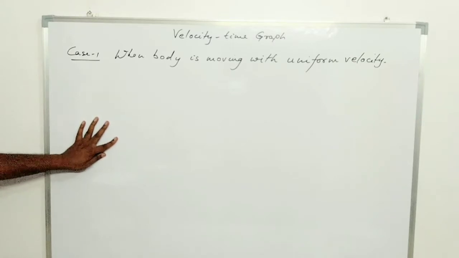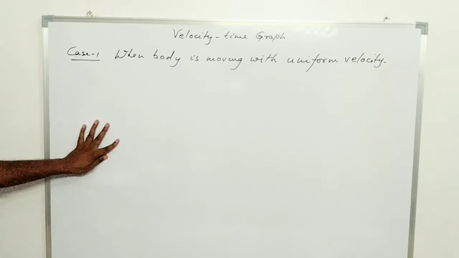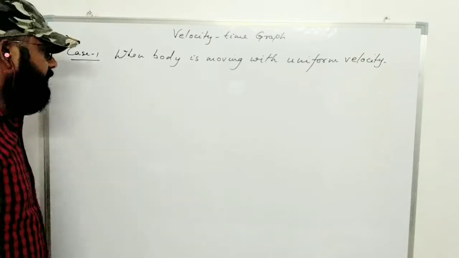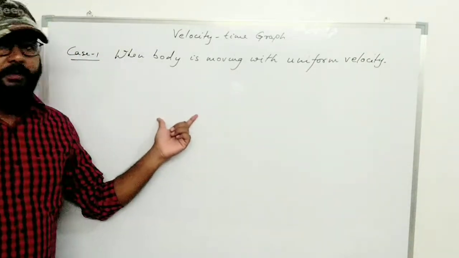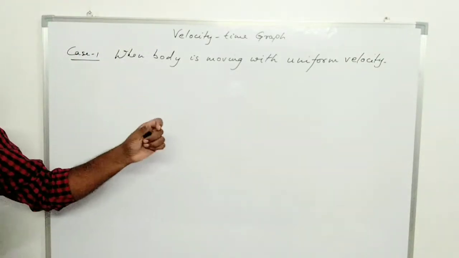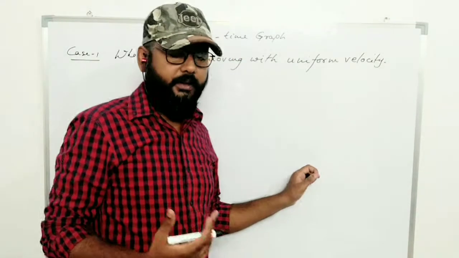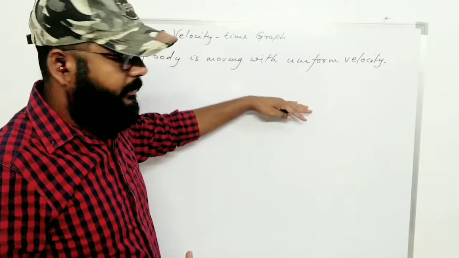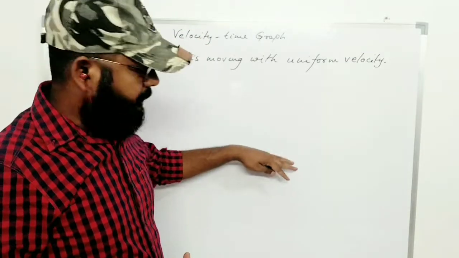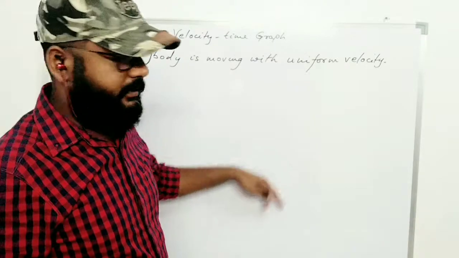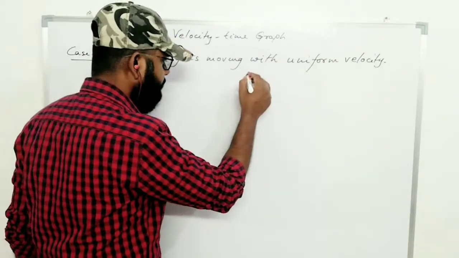Therefore the height of its velocity time graph will remain the same at all instants of time. Means the graph will be parallel to the x-axis. Let's see.